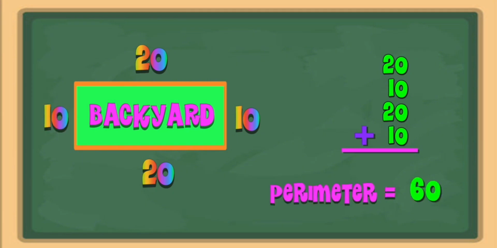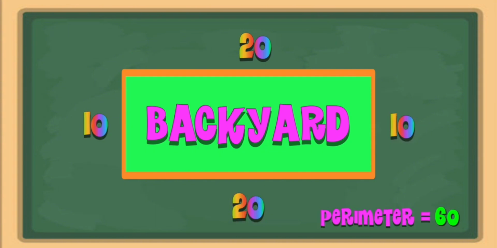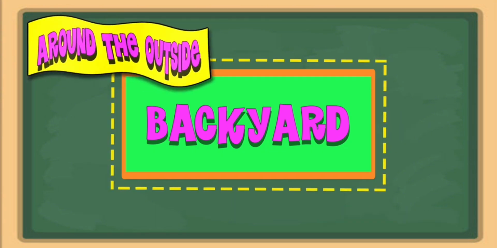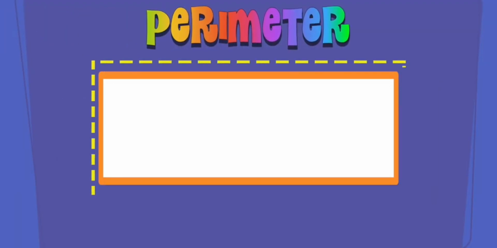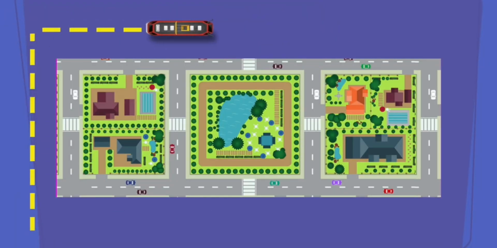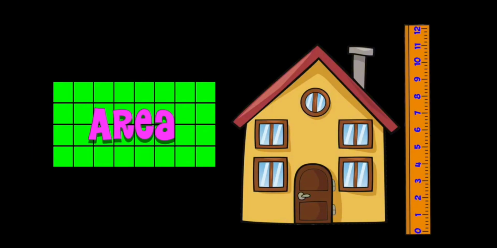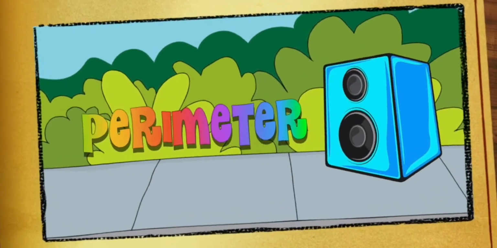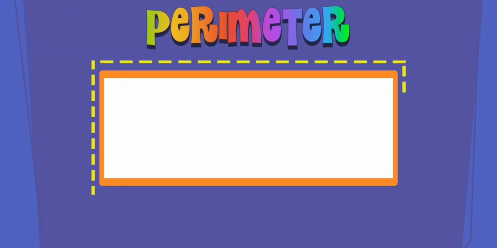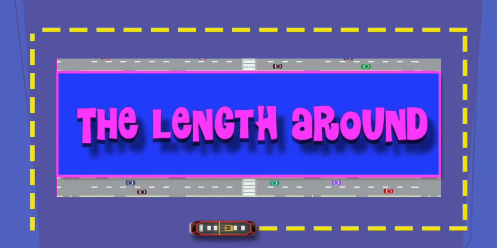That's 60 yards. Perimeter 60, a fact you can't hide. Perimeter tells us how far around. It won't show the area or height off the ground.